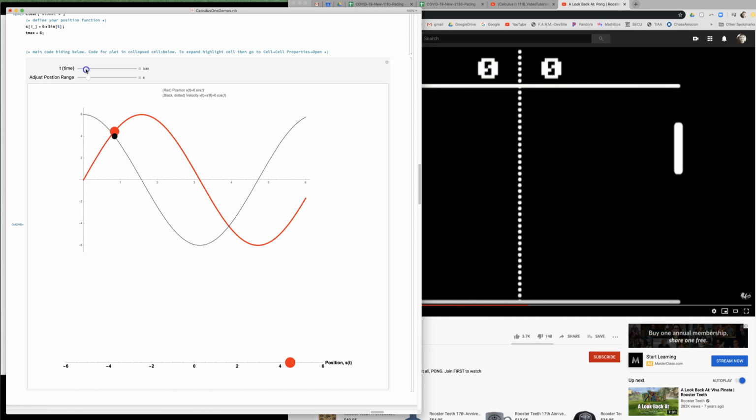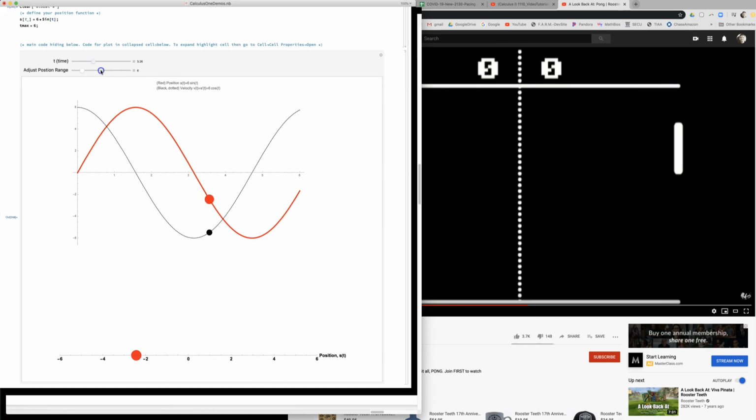The object is traveling to the right. Now, something interesting happens when the derivative is equal to 0. When the derivative is 0, the Pong paddle, or the little object's position, was as far to the right as it was going to be, and after this point the derivative goes negative and indicates that our object needs to be traveling backwards to the left. We need to be going to the left whenever the derivative is negative.